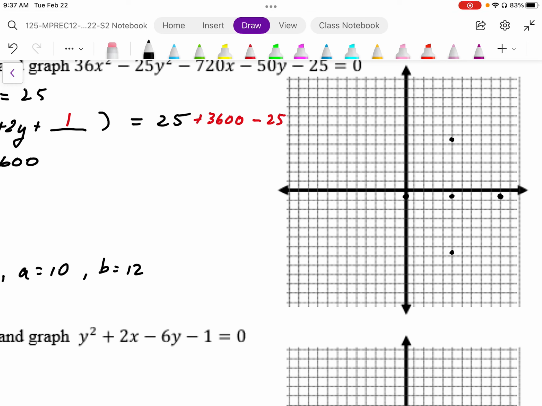So using those points, I'm going to locate the corners of this rectangle to help me draw the asymptotes. Okay, so once I've identified those corners based on the vertices, I can just sketch in my asymptotes because those corners have a 12 to 10 ratio of slope.